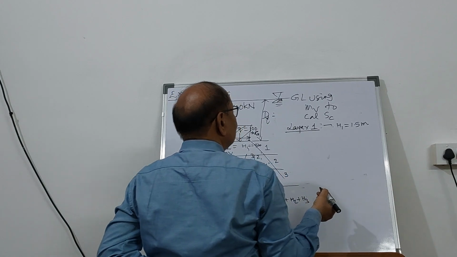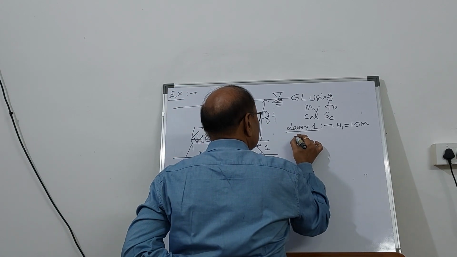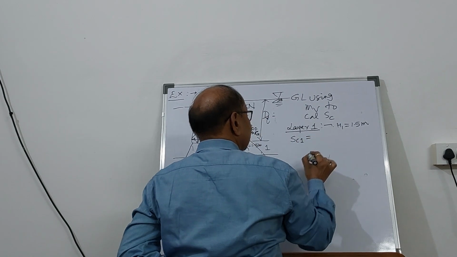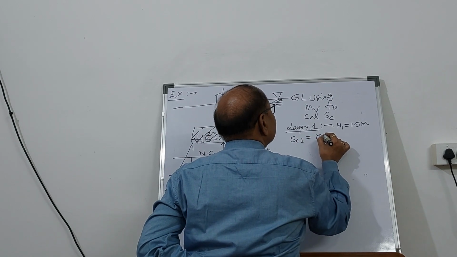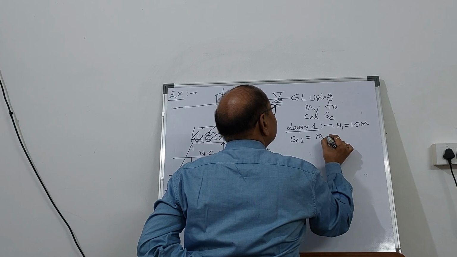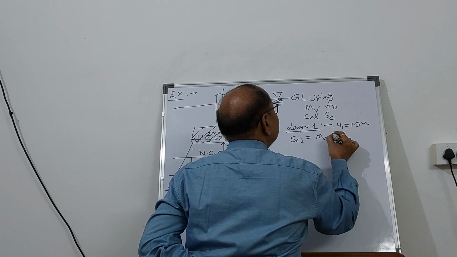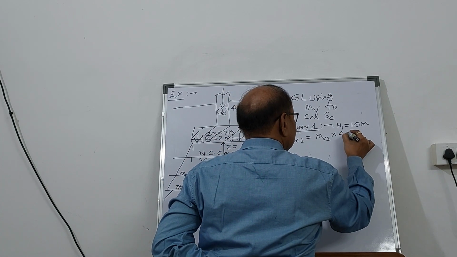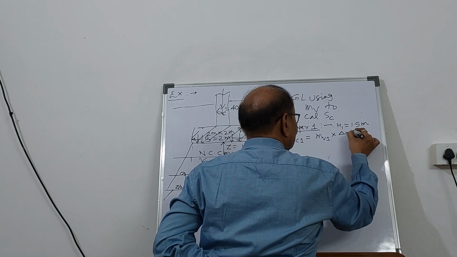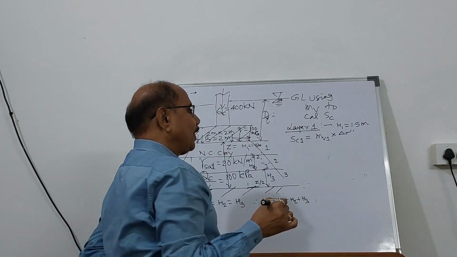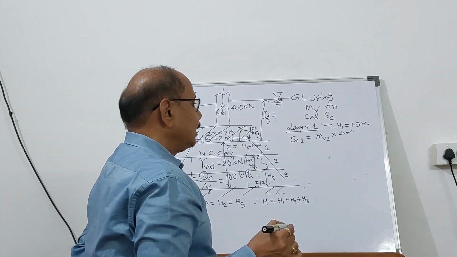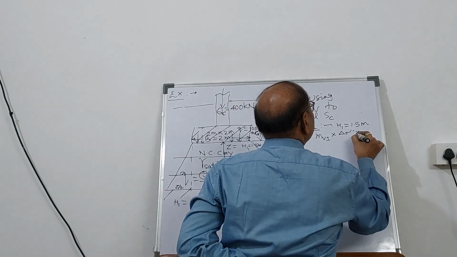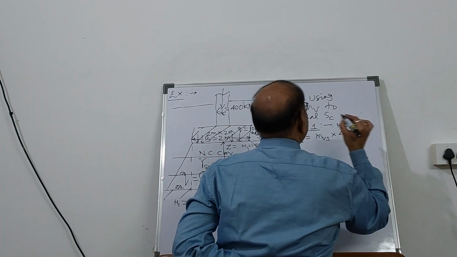Therefore, we will have to find out Sc1. The consolidation settlement of the first layer will be the coefficient of volume compressibility of layer 1 into the average increase in effective pressure, multiplied by H1.